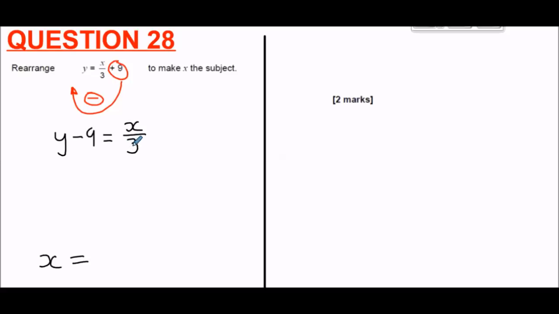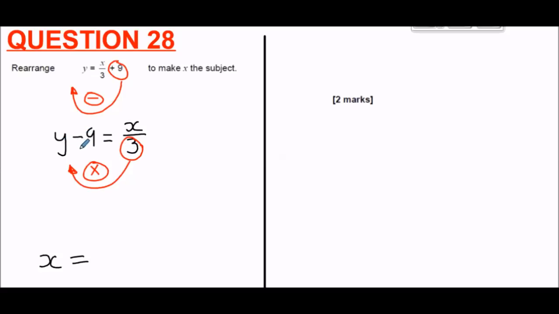If a number's on the bottom of a fraction, it's dividing the top. So x over 3 means that 3 is dividing the x. If we get rid of the 3, chuck it to the side, it will change from a division to the opposite of divide, which is multiply. Now, really important, is the 3 going to multiply the 9 or the y?